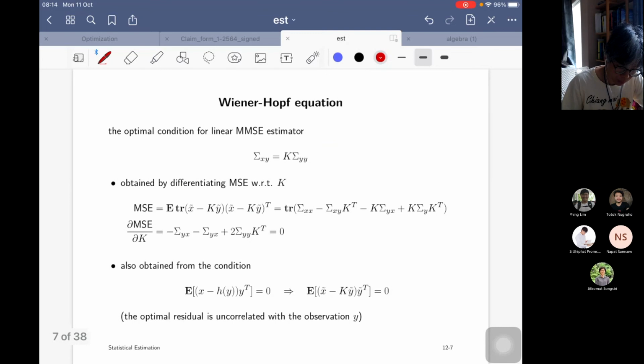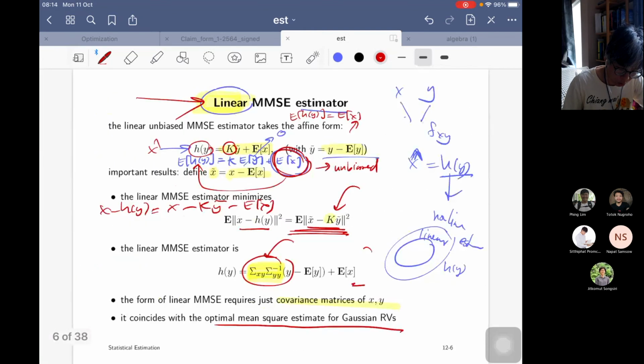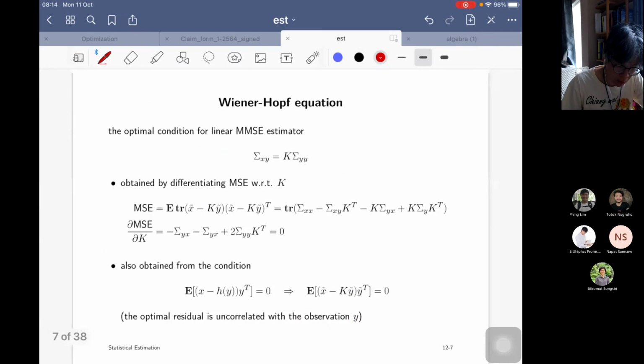All right. Now, we just need to show that the matrix K is given by this matrix. The way you compute the matrix K can be done by using the so-called Wiener-Hopf equation.